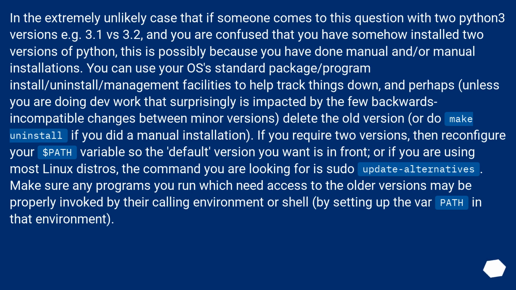If you require 2 versions, then reconfigure your $PATH variable so the default version you want is in front, or if you are using most Linux distros, the command you are looking for is sudo update-alternatives. Make sure any programs you run which need access to the older versions may be properly invoked by their calling environment or shell, by setting up the PATH variable in that environment.